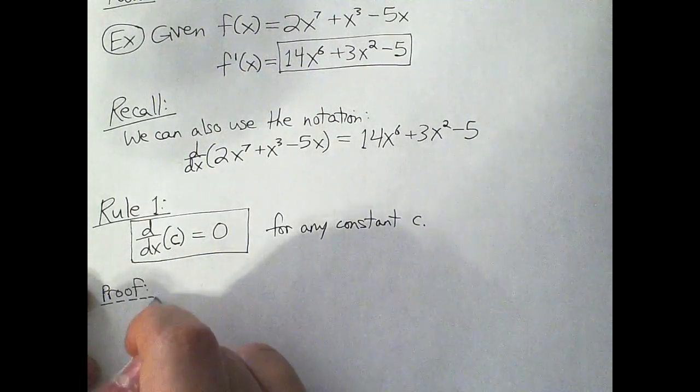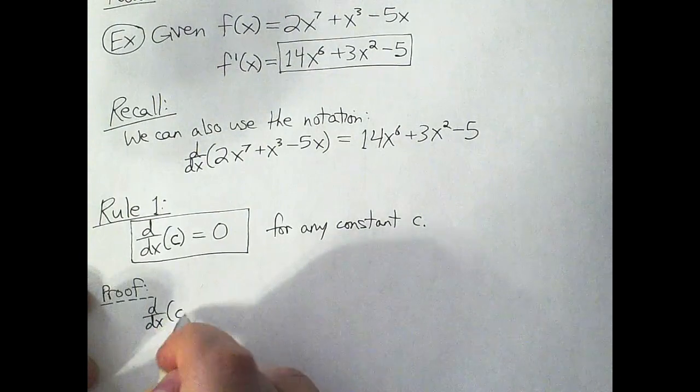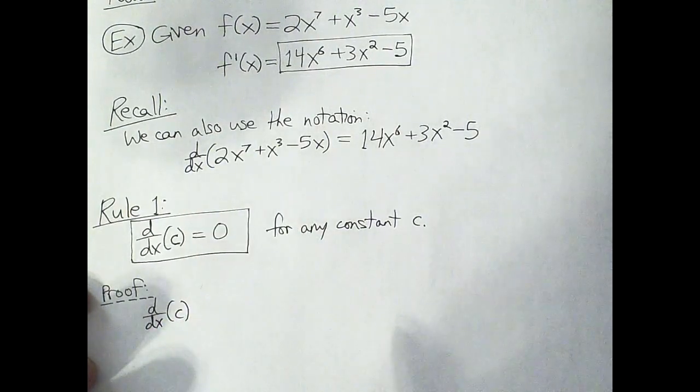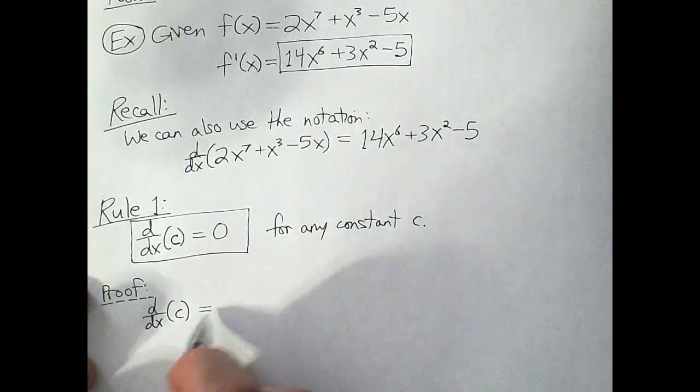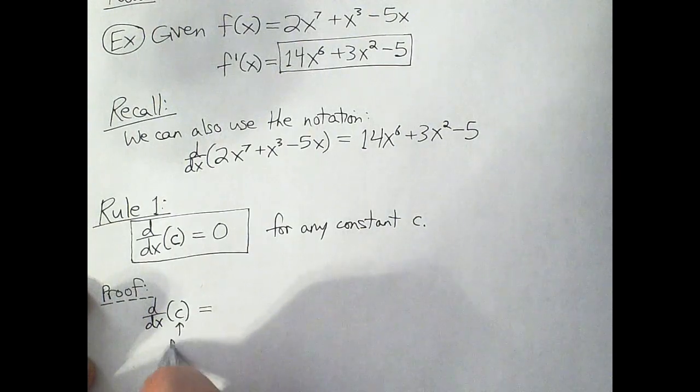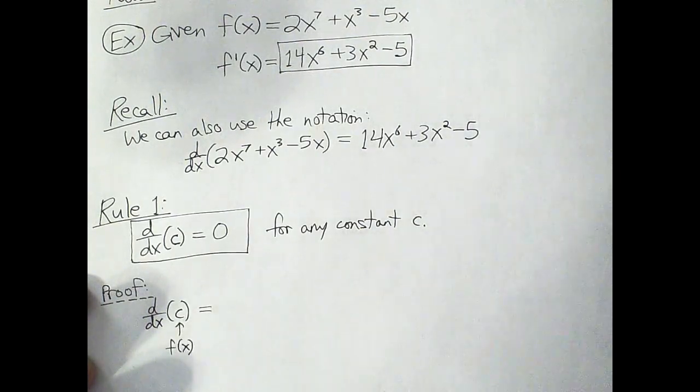So I'm going to prove this to you by using the formula above for the definition of the derivative, where we suppose that the function that we are differentiating, f of x, is just f of x equals c, where c is some constant. So it is a constant function.